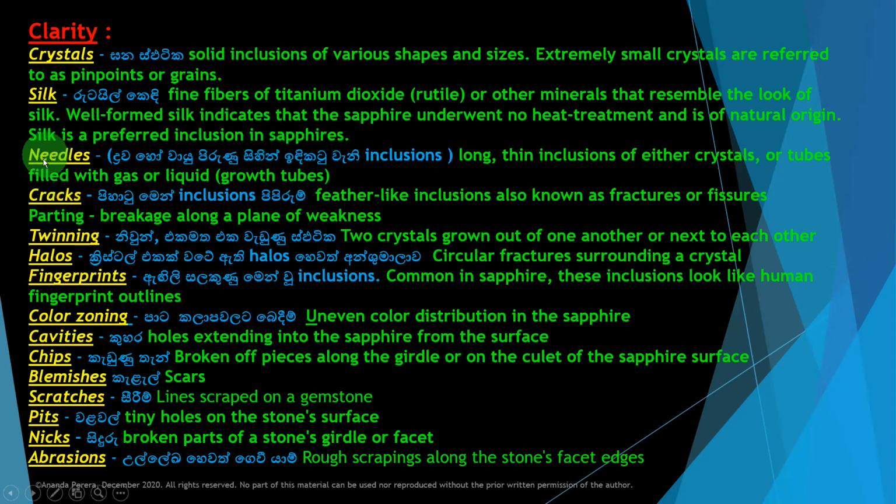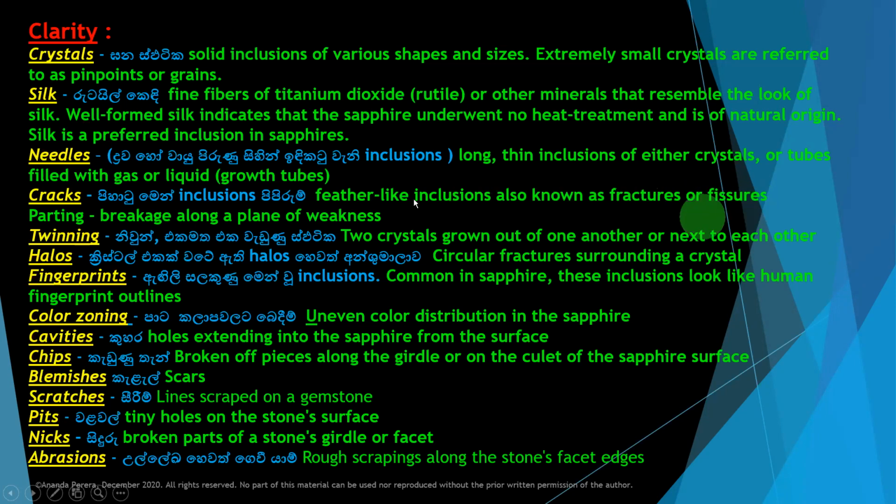Needles: long, thin inclusions of either crystals or tubes filled with gas or liquid, growth tubes, gas or liquids, especially CO2, carbon dioxide, and H2O maybe. Cracks means feather-like inclusions, also known as fractures or fissures.